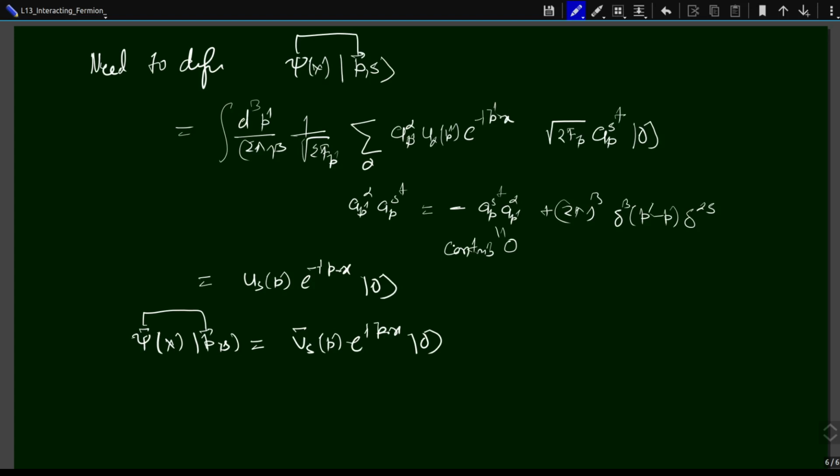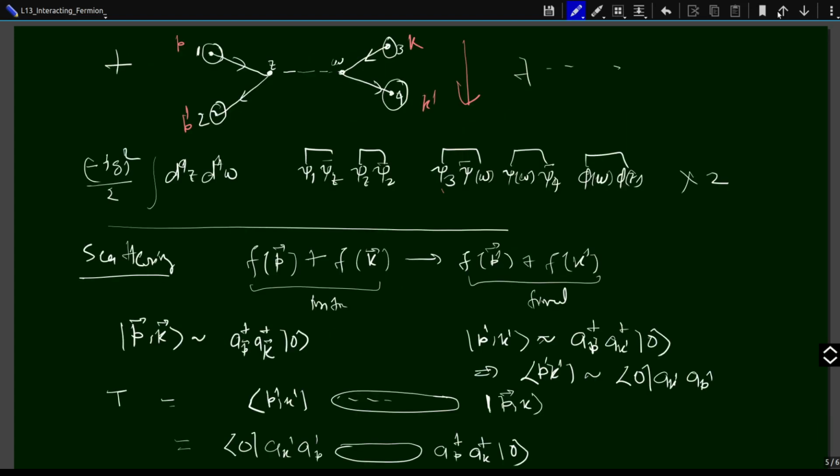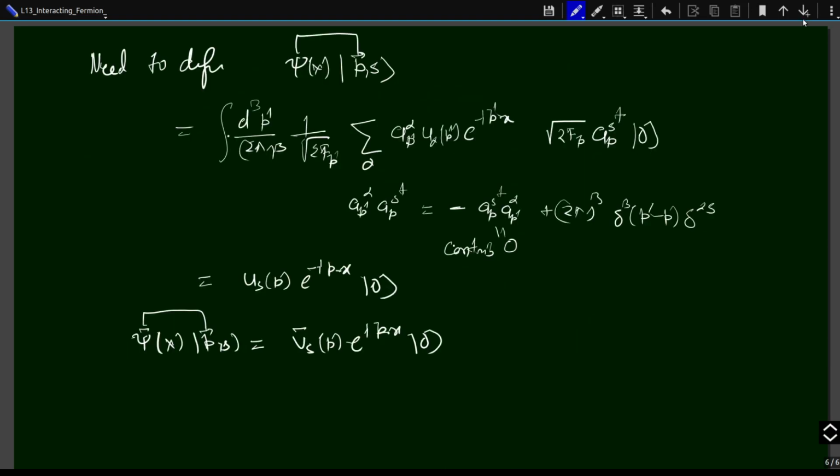So when I'm writing this particular diagram, corresponding to each initial and final state, I have the corresponding wave function, and for all the intermediate guys, I have the full propagators.